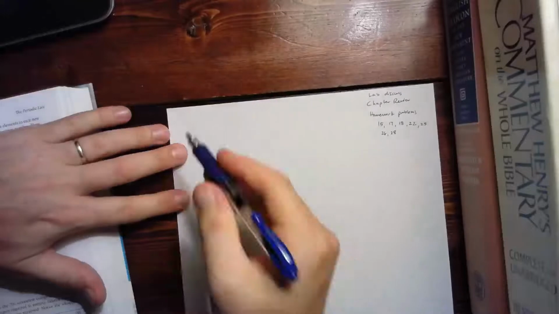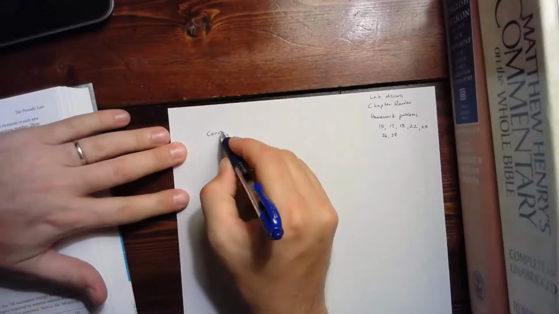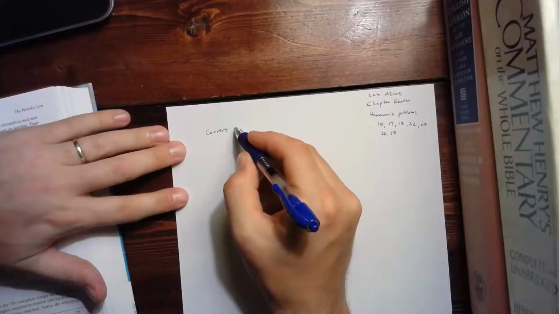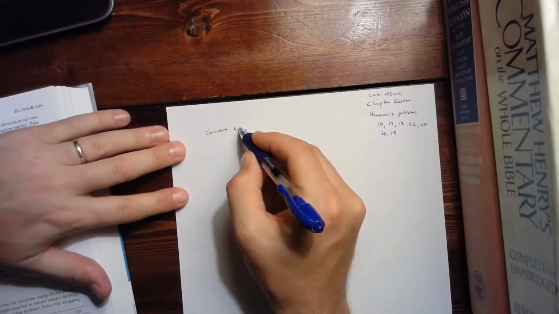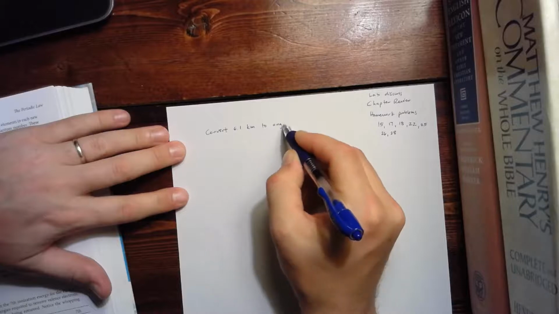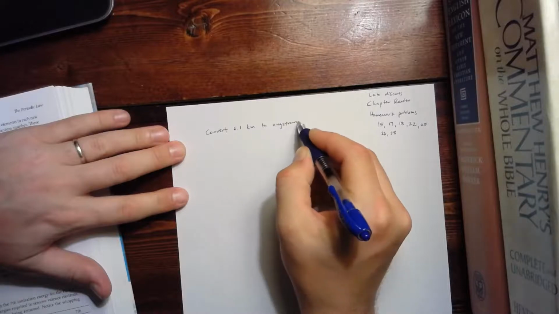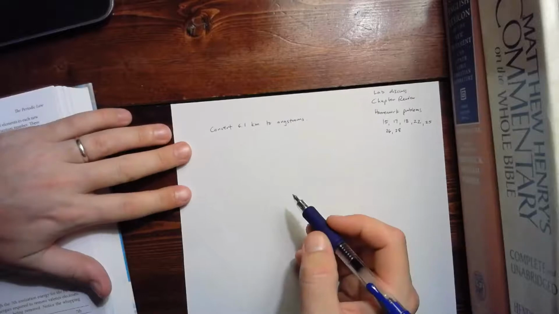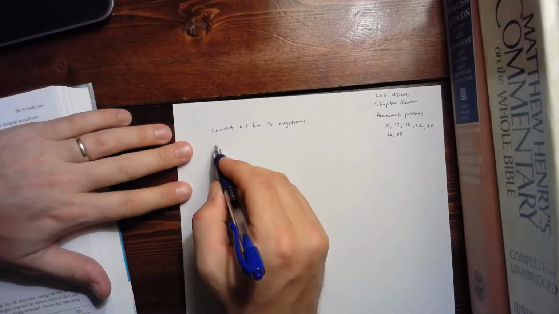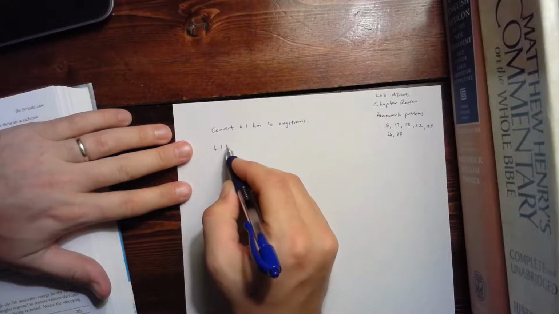So if I asked you and I said, you know, convert, I don't know, 6.1 kilometers to angstroms. Okay? What do you need to know? What do I expect you to know? Okay? I expect you to know that we have 6.1 kilometers.